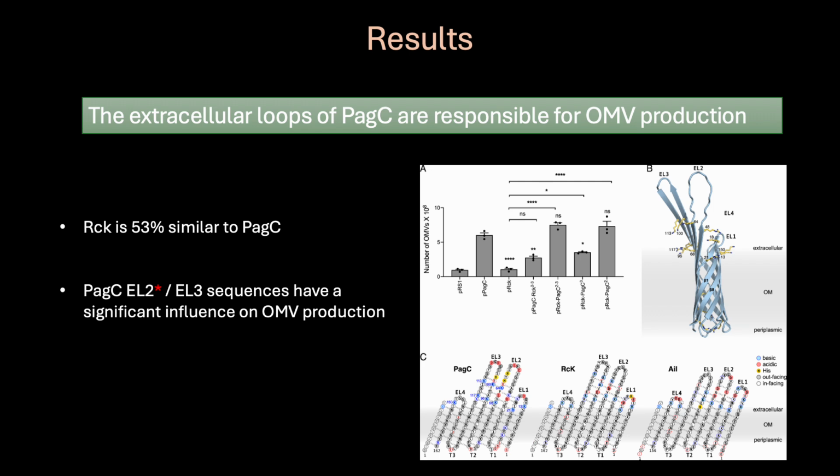However, you can see that it led to a significant increase in the number of OMVs. So these results show that EL2 and EL3 sequences of PAG-C have a significant influence on OMV production, with EL2 in particular having the greatest effect, and that the extracellular loops of PAG-C are responsible for OMV production.